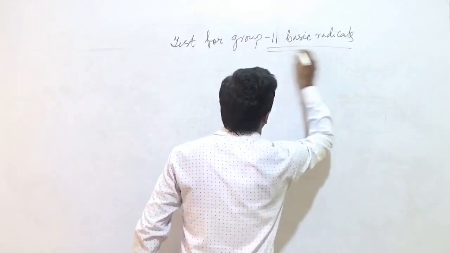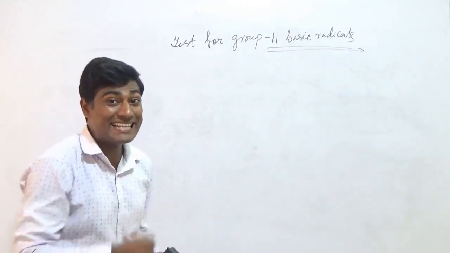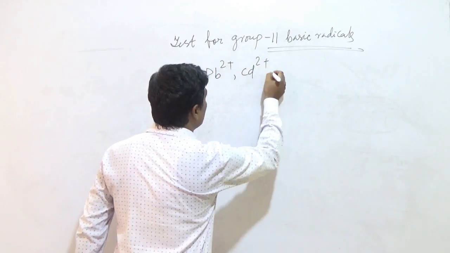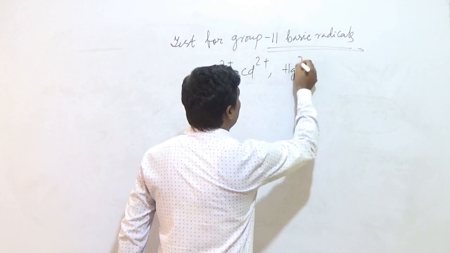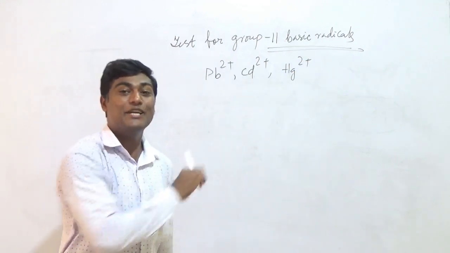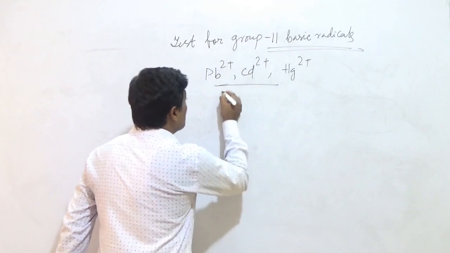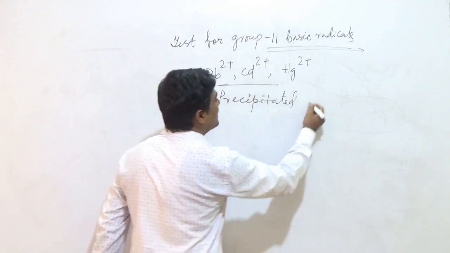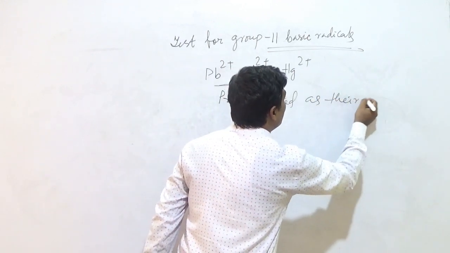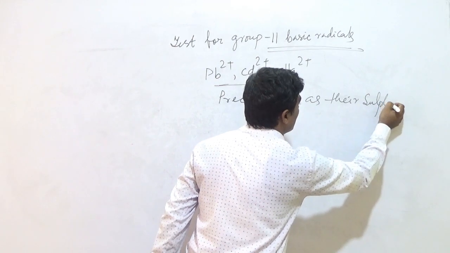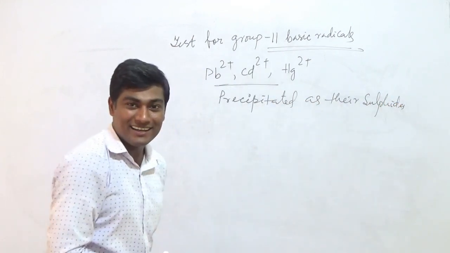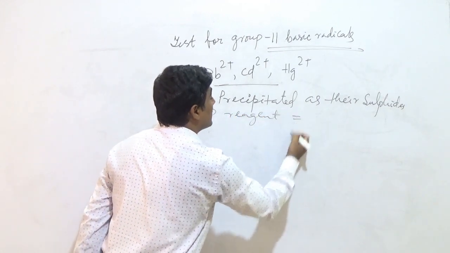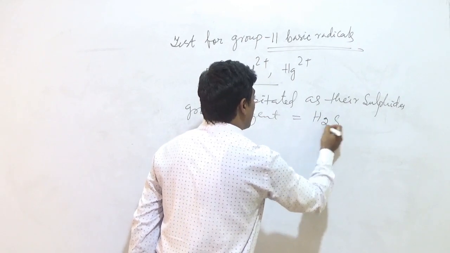Now let us consider the test for group 2 basic radicals. Basic radicals like Pb2+, Cd2+, and mercuric are in group 2. They are precipitated as sulfides. So it is clear that the group reagent is hydrogen sulfide.